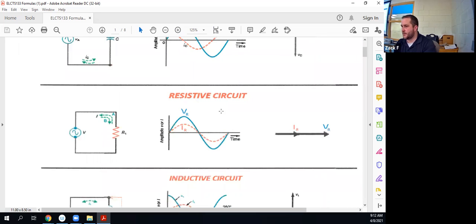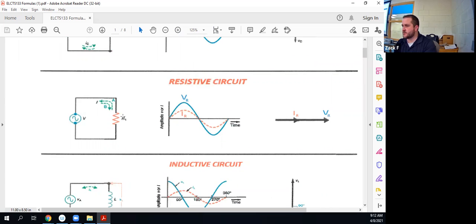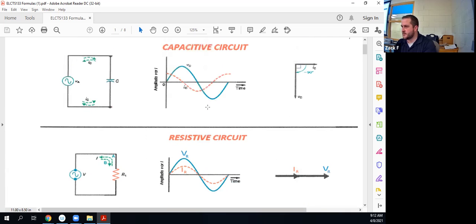We'll see that in our labs, but if you have an AC circuit with just a resistor in there, the sine waves for current and voltage are in phase, which means that the peaks are the same, the valleys are the same, the alternations are the same in the same place. In a capacitive circuit, the current is actually ahead of the voltage a little bit. Why do you think that is? Right, because you have that charge and discharge current happening.